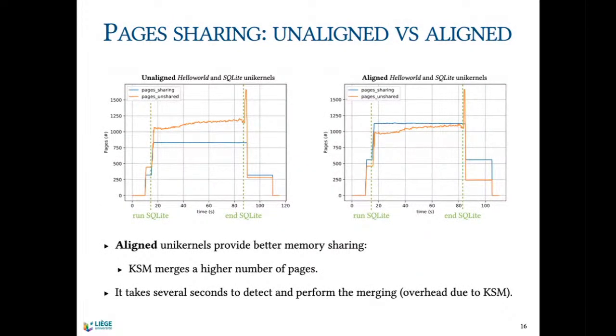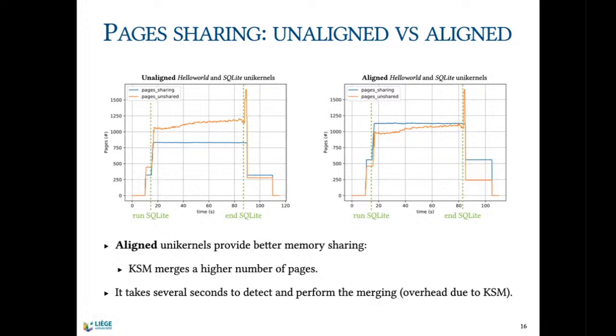We also performed some live analysis by relying on the KSM daemon. In these two graphs, we can see the memory sharing over time. The blue line represents the number of pages that are shared between these two instances, and the orange line is the number of unshared pages. As we can see on these two plots, there is a big difference between aligned and unaligned unikernels.